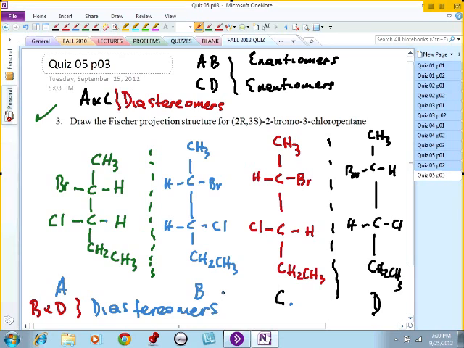Indeed, the diastereomers in this case, A and C and B and D, are what we refer to as configurational diastereomers.